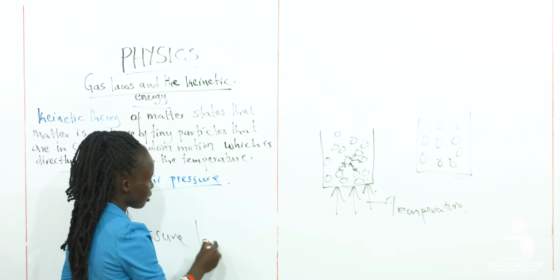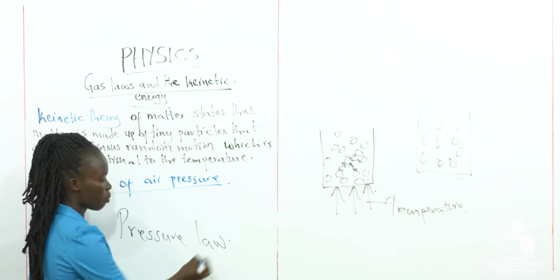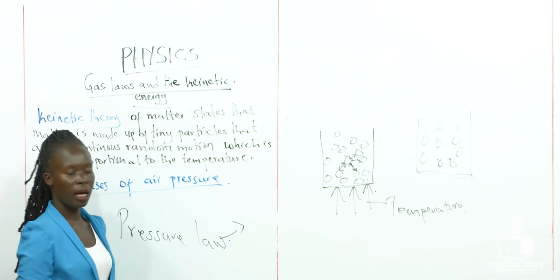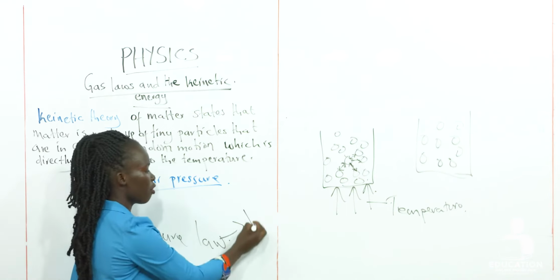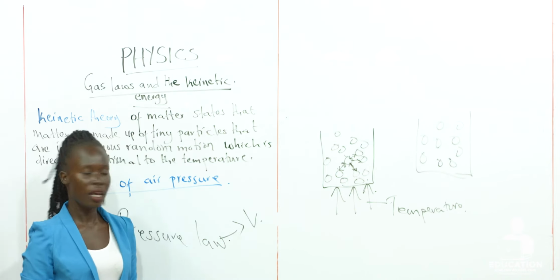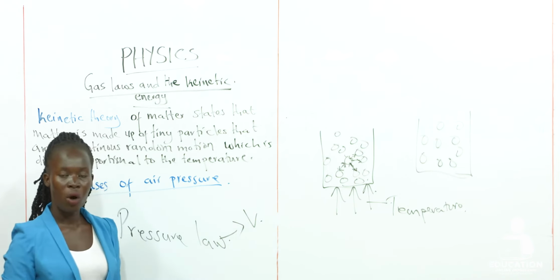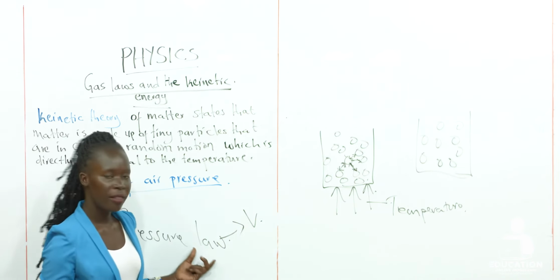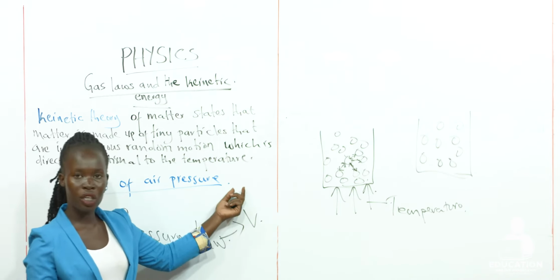Pressure law states that, before we go to the statement, what do we keep constant? In pressure law, we keep the volume constant. So you see, if you keep the volume constant, what do we vary? We vary the pressure and the temperature.